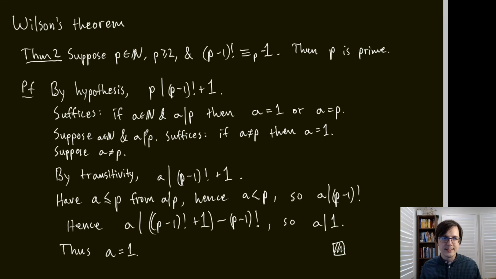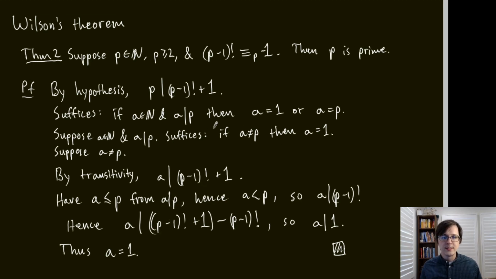So since a divides p and p divides this sum, by transitivity of divisibility, which we proved a while back, a divides that sum. And also, remember, when we have natural numbers with divisibility, we can weaken it into an inequality. So a can't be bigger than p.